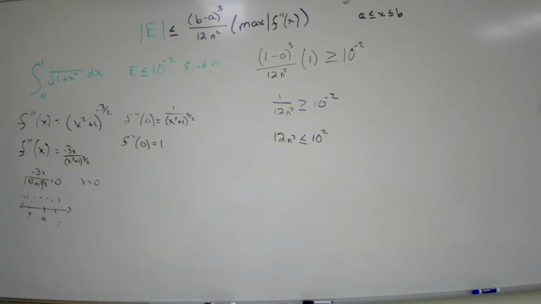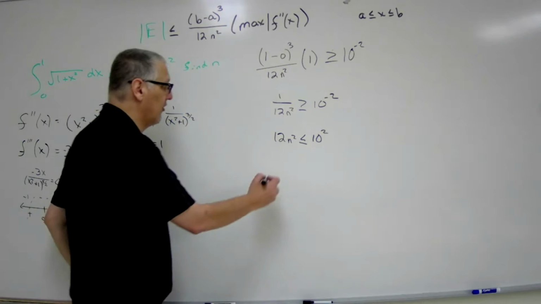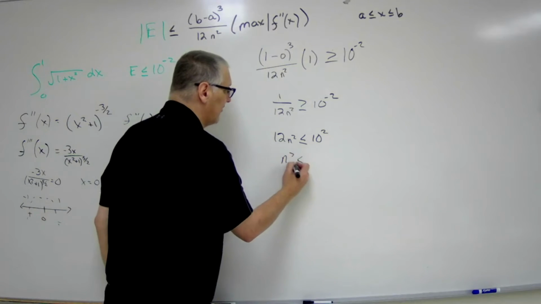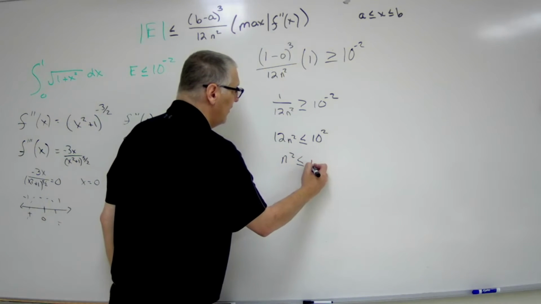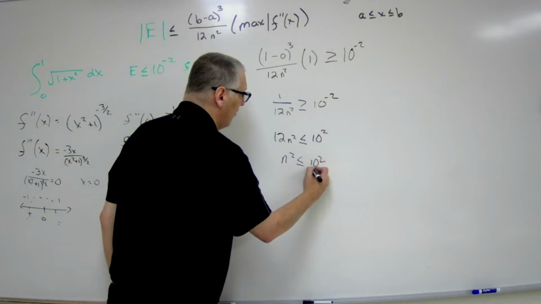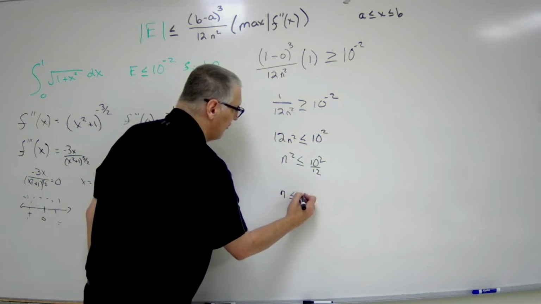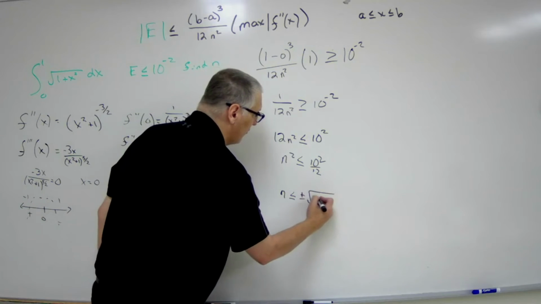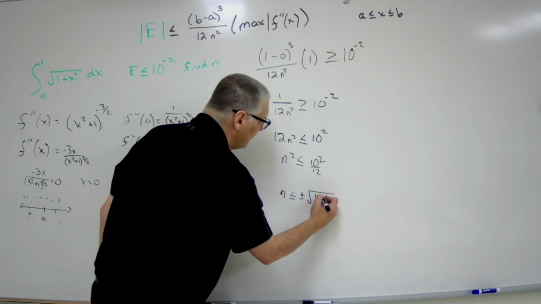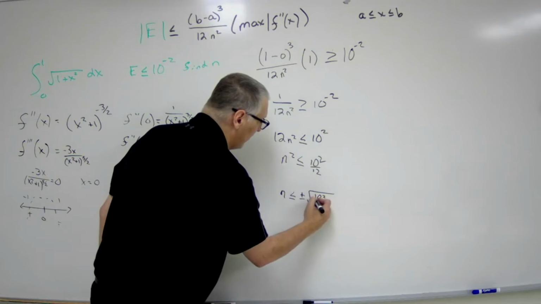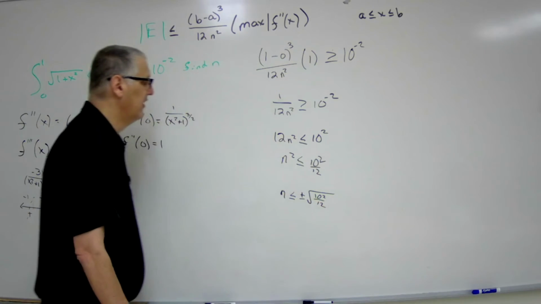And now how do I get n? Well, I don't even have to ask y'all, y'all are in calculus. n squared is less than or equal to 10 squared over 12, and then n is less than or equal to plus or minus the square root of 10 squared over 12. Go ahead and calculate what you get.